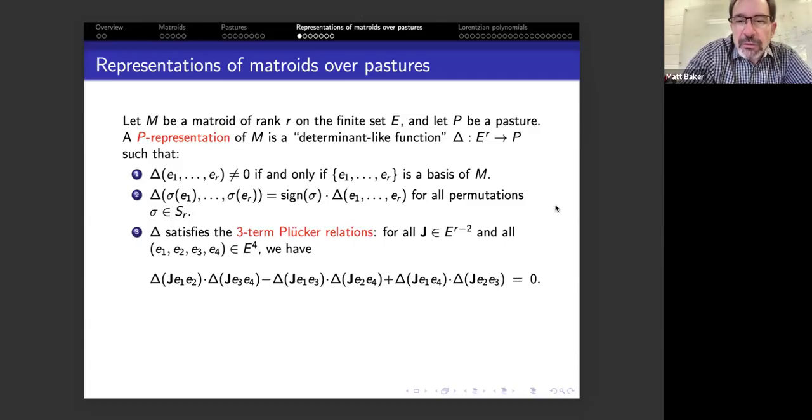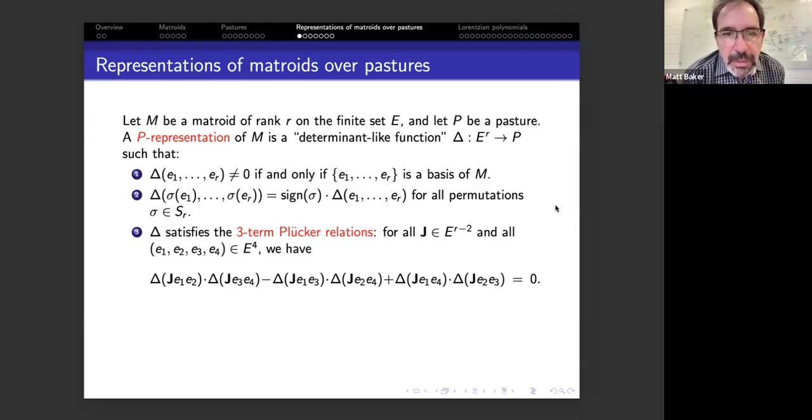And this is sort of the general form of the so-called three-term Plücker relations. It looks very much like what I wrote before, but now we have a larger ground set, and so we have to allow arbitrary J's here together with 4 additional elements that we throw in and out the way we did before.